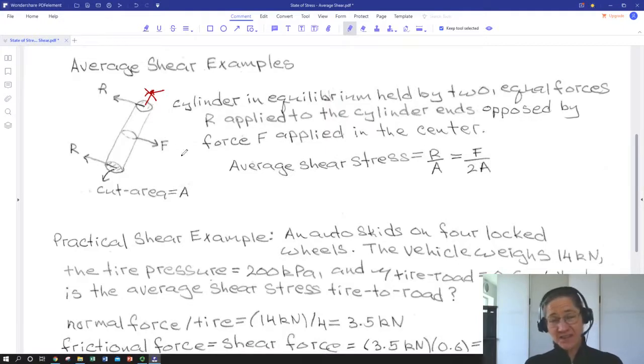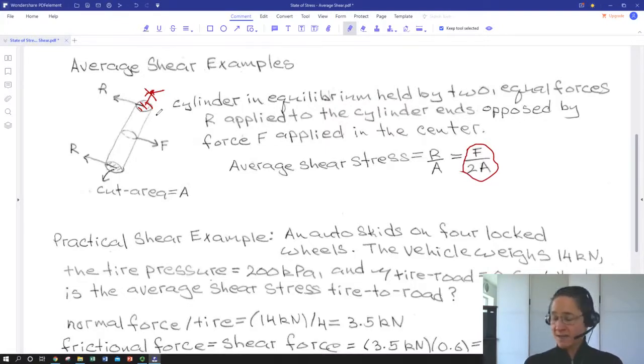We're not going to let it accelerate in the R direction or the F direction, so we can say 2R equals F. From that we can define the shear stress present at any one of these faces as R over A. And if R equals F over 2, the shear stress is F divided by 2A.